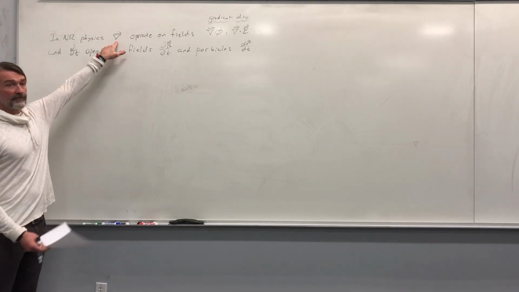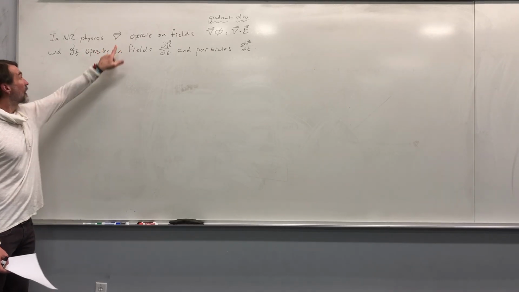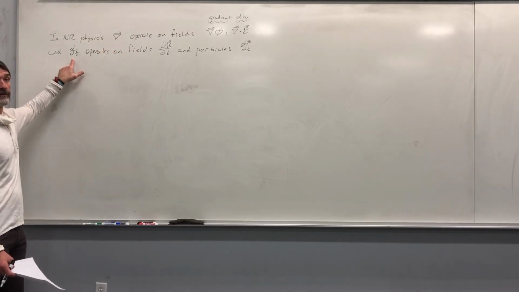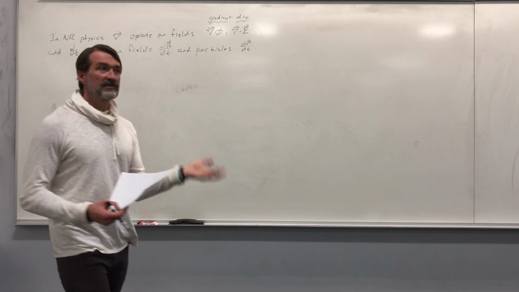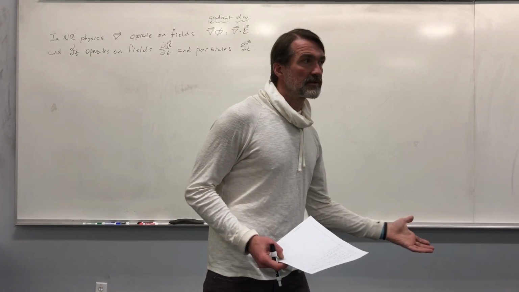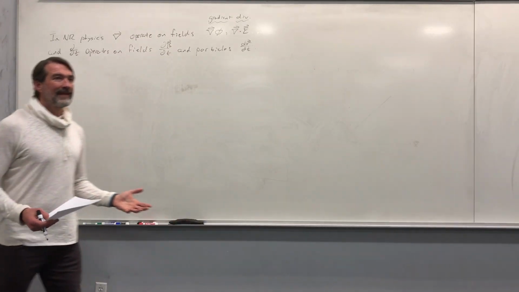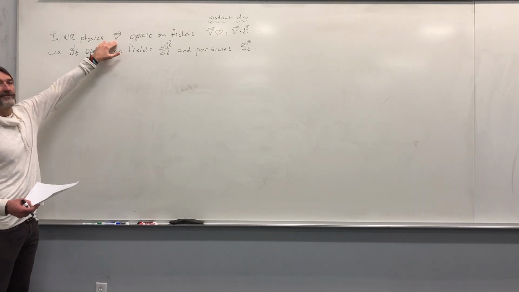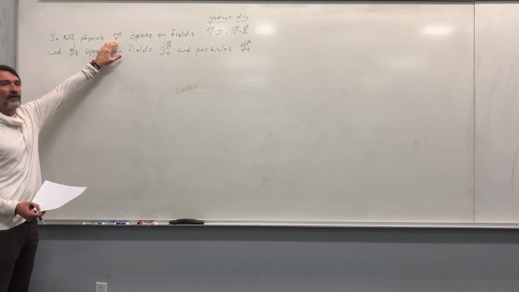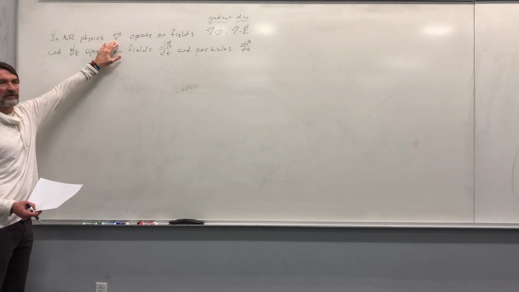So how many of you have heard of this? How many of you have heard of this? Okay. Well, remember, when we want to do special relativity, which lives in 4 dimensions, we have to take things which were vectors in 3 dimensions and turn them into 4-dimensional vectors.